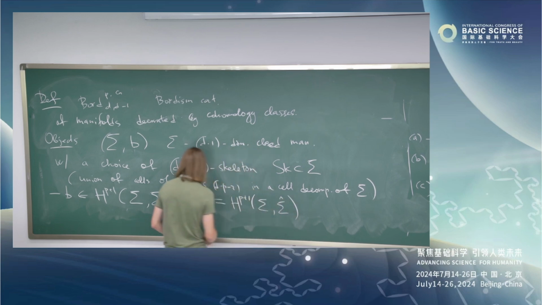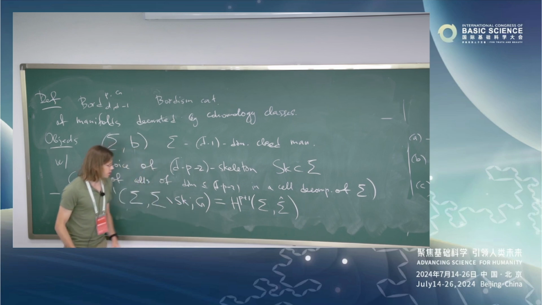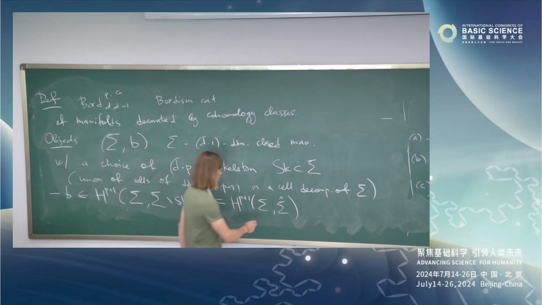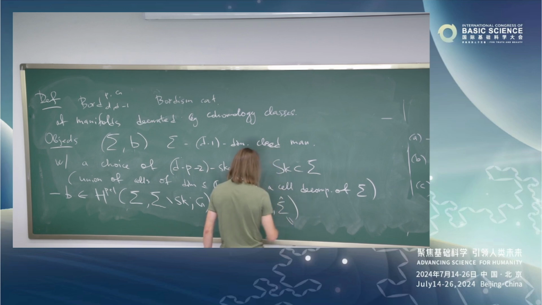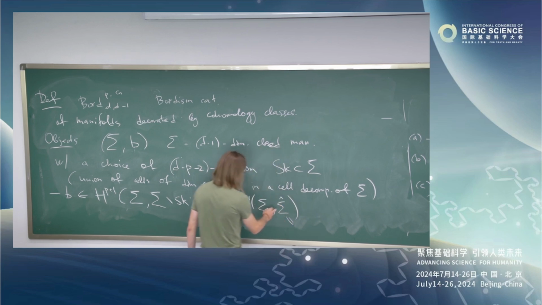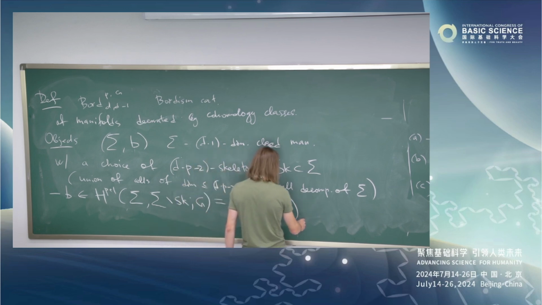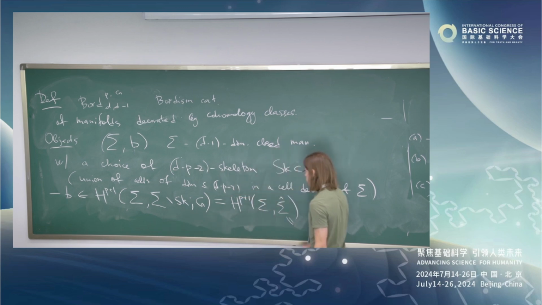By default, the coefficients will be in G, and I will use the notation sigma hat for a d-1 dimensional manifold; hat means that I remove a skeleton of this dimension from it. This is sigma minus the skeleton.